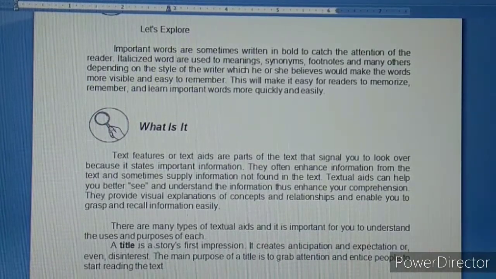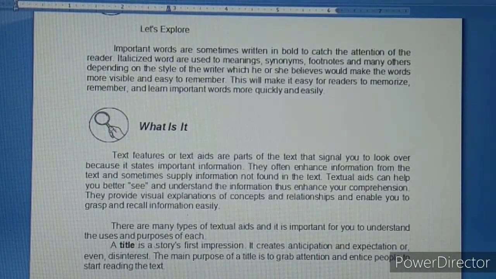Text features or text aids are parts of the text that signal you to look over because it states important information. They often enhance information from the text and sometimes supply information not found in the text. Textual aids can help you better see and understand the information, thus enhancing your comprehension. They provide visual explanations of concepts and relationships and enable you to grasp and recall information easily.